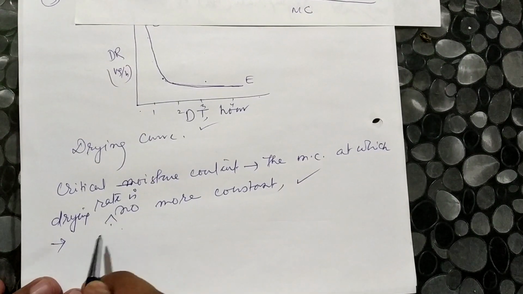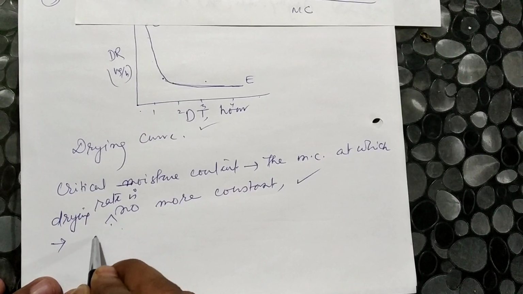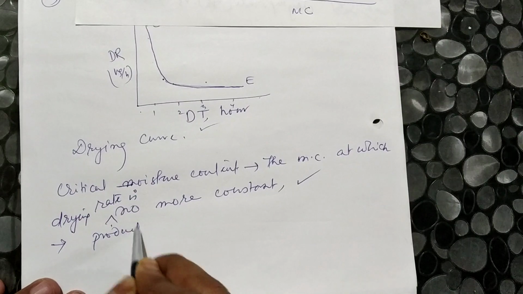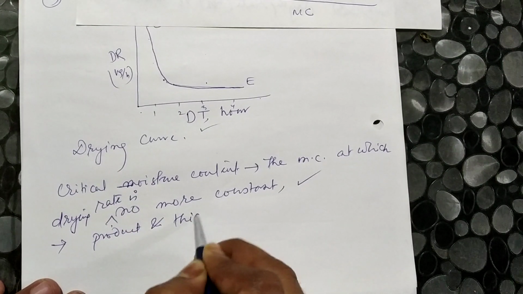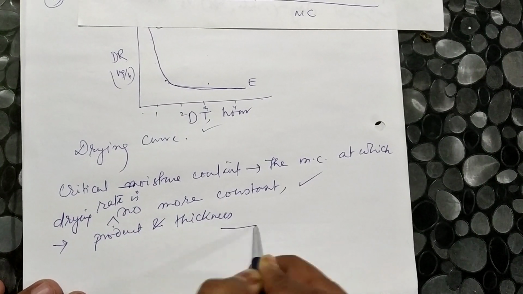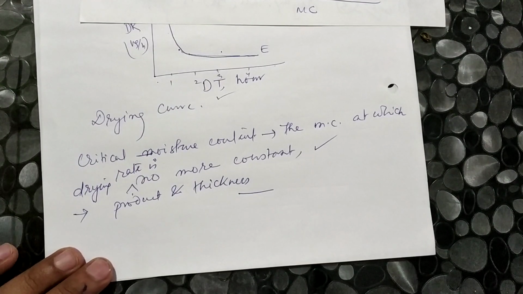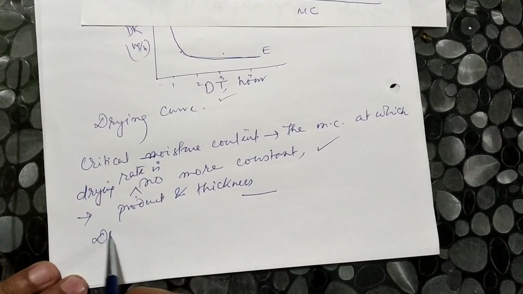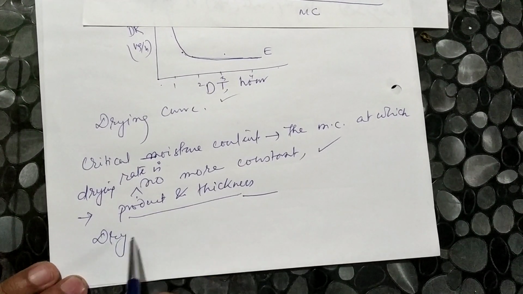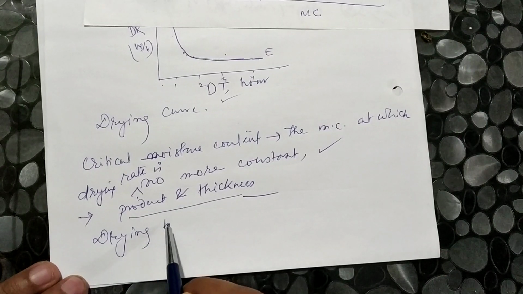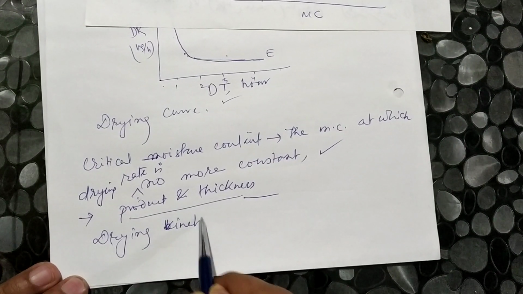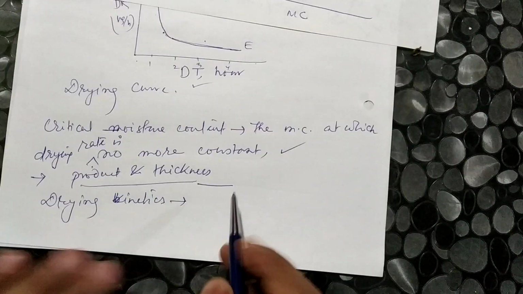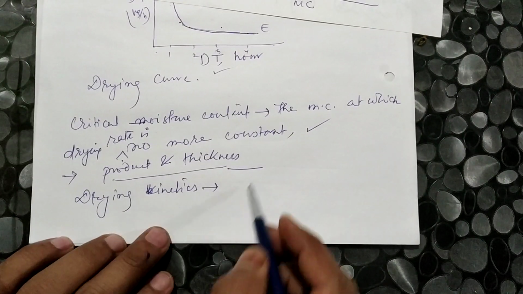Okay, it basically depends on two major parameters. One is your product quality, and another is your thickness. Okay, so all the drying behavior, this is all about critical moisture content. All the drying behavior or kinetics, you can say drying kinetics, mainly depends on various parameters.